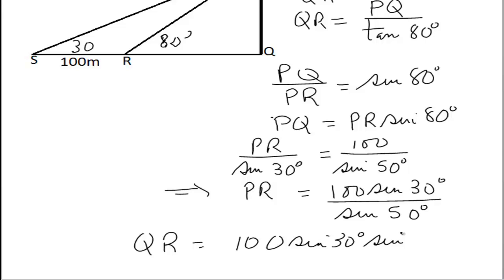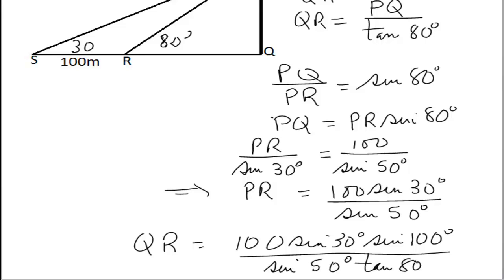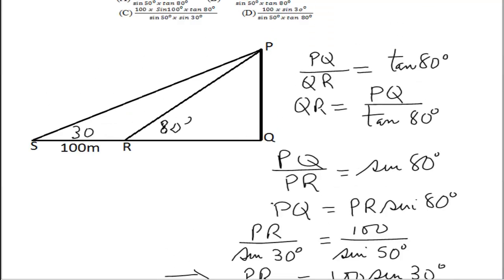Now when you look at the problem, there's no 80 degrees, but sine of 80 and sine of 100 we know are equal, all over sine 50 tan 80. And if you look at the choices that you have, it is B.